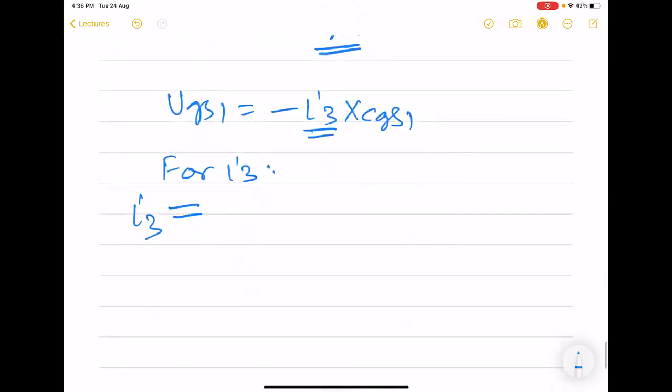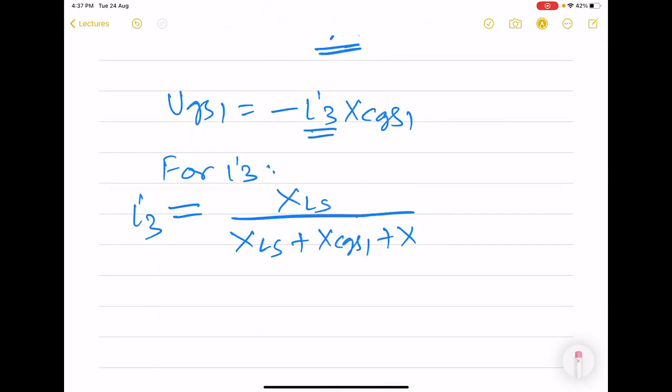So we can write I3 as X LS, this is Z2, divided by X LS plus Z1, which is X CGS1 plus X LG plus RS. So this whole part is Z1, this is Z2, and this is into IB.